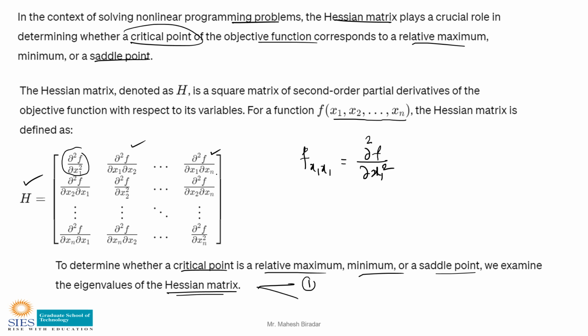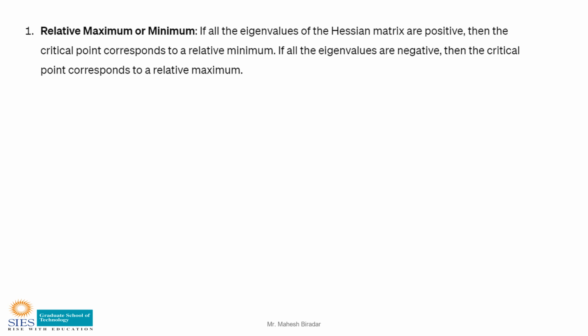In the first way, with the help of eigenvalues, we can say whether the function is maximum or minimum at the critical point. Second way is by using its principal minors. Okay, first is with the help of eigenvalues. If all eigenvalues of a Hessian matrix are positive, then the critical point corresponds to a relative minimum.